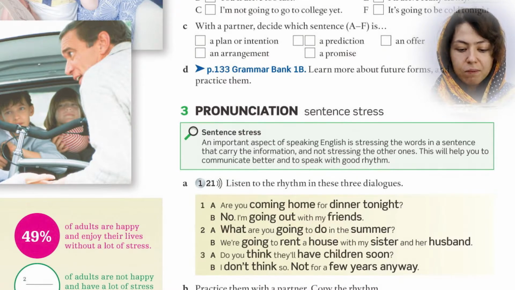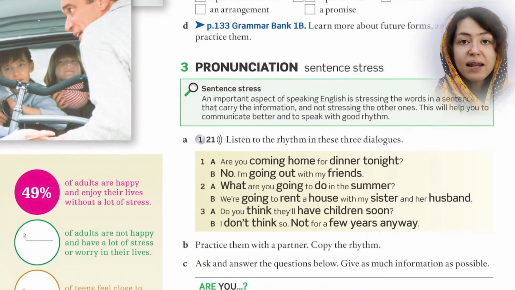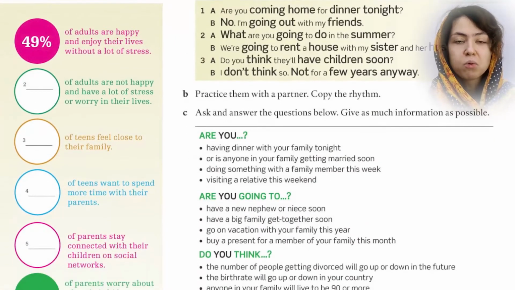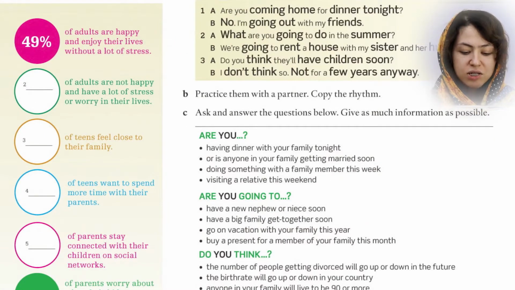Let's see. On part C, you can activate the grammatical points that I taught you. So let's take a look at some of the examples here. "Are you having dinner with your family tonight?" It's asking about your arrangement. You're going to answer that and describe what type of dinner it's going to be, okay?